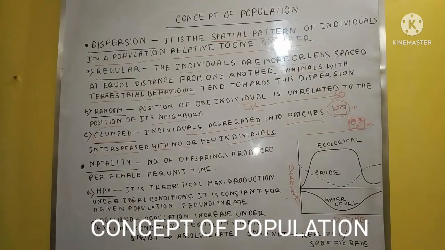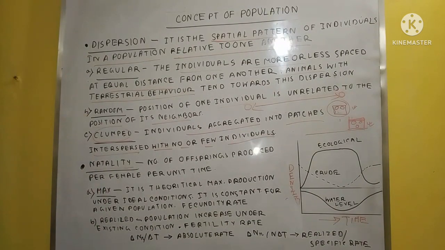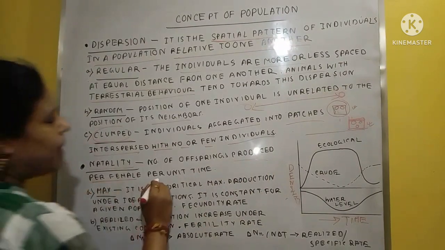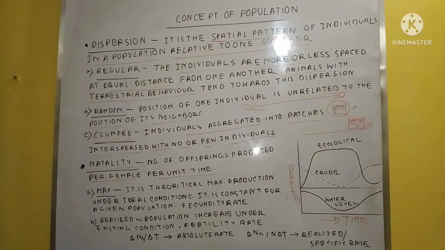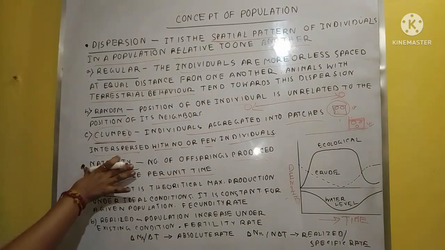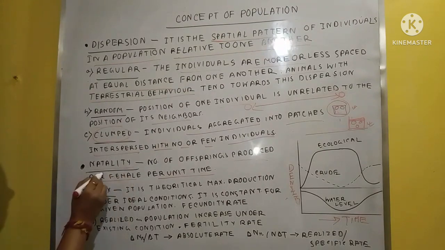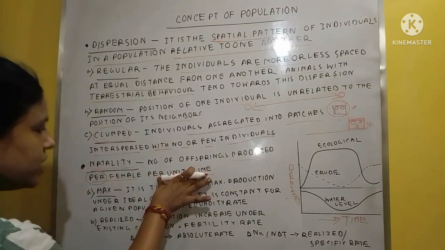Now we learn about natality. What is natality? Natality means the production of offspring, the production of offspring per female per unit time. Natality denotes the number of offspring that are produced by one female per unit time, and it must be measurable within that unit time.